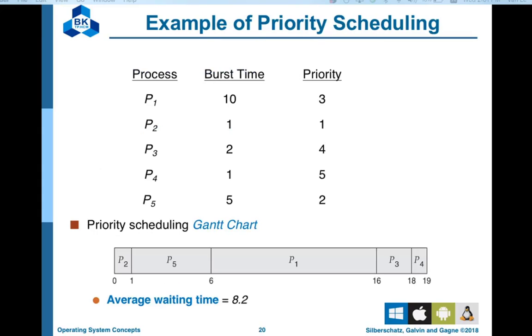Here we have an example of priority scheduling. You see here, the first one is B2. In this table, B2 is the highest priority. The smallest number gives the highest priority.